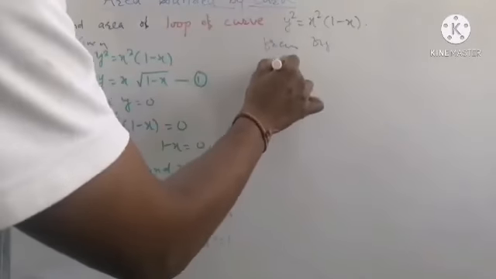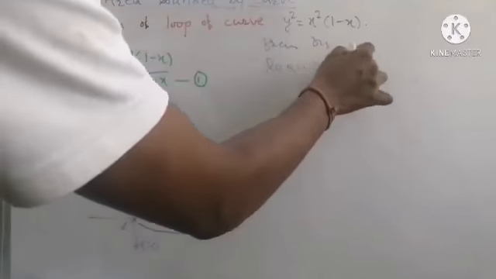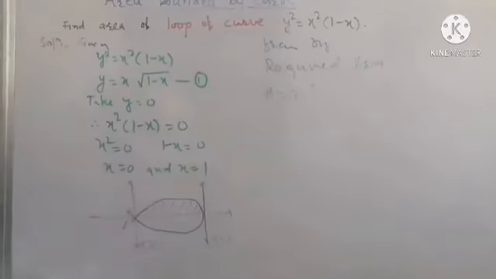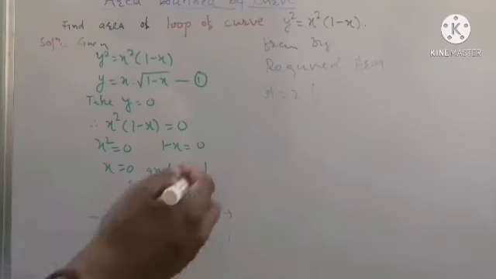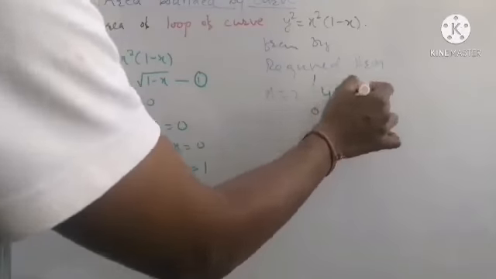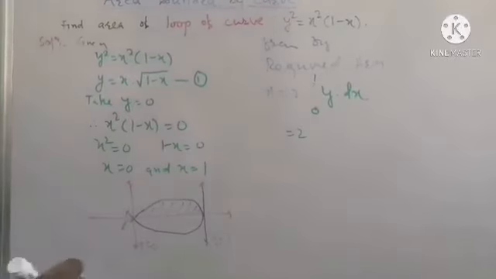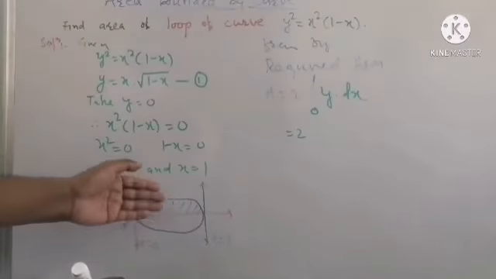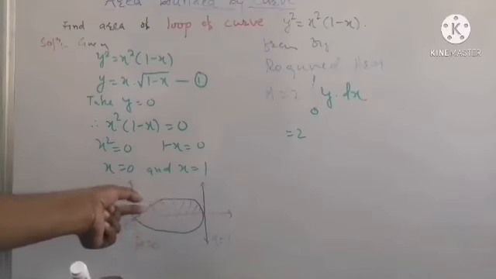So from the figure, the required area A is 2 times the area bounded by the curve with respect to the x-axis from 0 to 1. Remember, if we don't take 2, then the area is only the shaded area, but we want the entire area, which is double the shaded area.